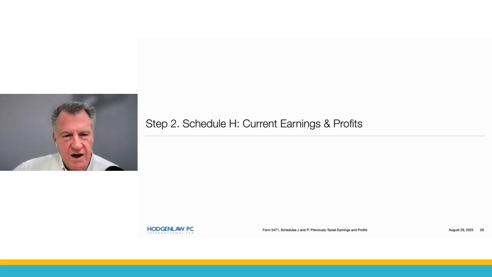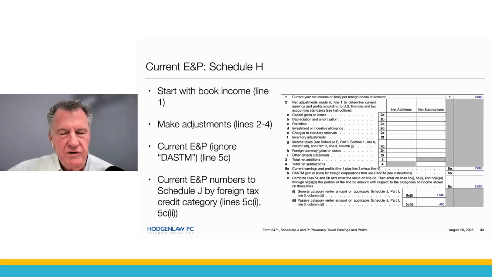Schedule H, let's take our 2,000 net profit after tax, because remember, that's the number where, in theory, if the CFC wanted to distribute some money to the shareholder, that $2,000 is what it's got. And so now we're going to prove that by calculating that we have $2,000 of earnings and profits right here. So we start with line one, which is the book income, 2,000.